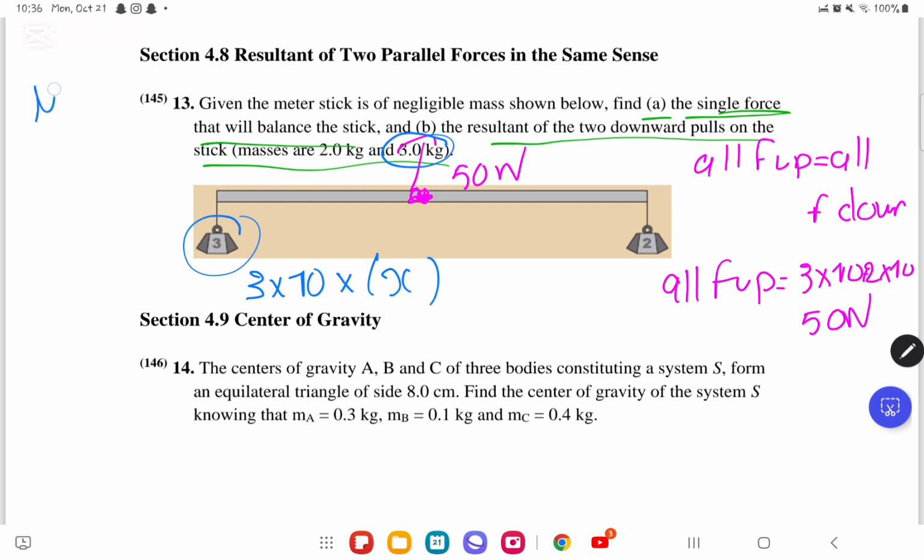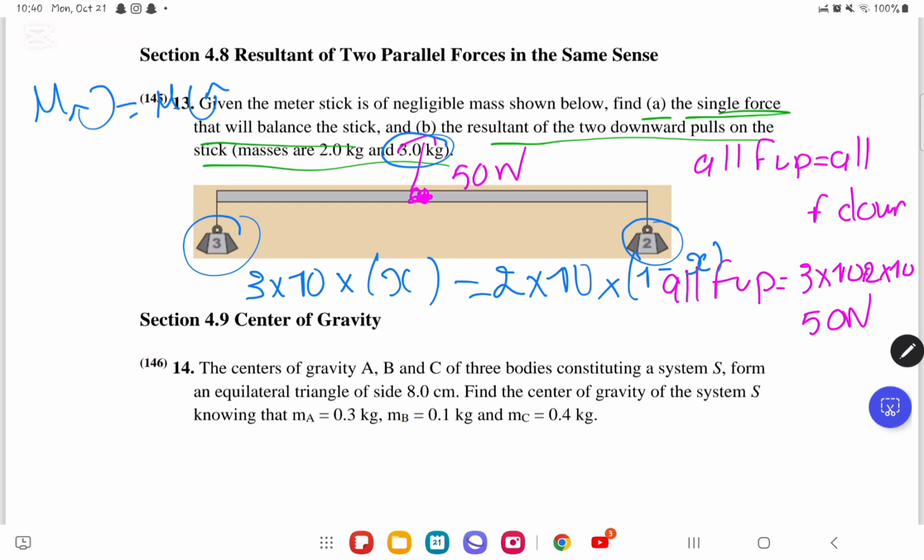So the moment clockwise has to be equal to the moment counterclockwise. It's equal to 2 times 10 times the total length, which is 1 minus x.